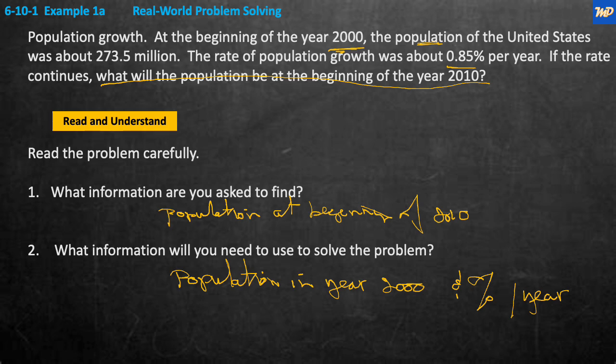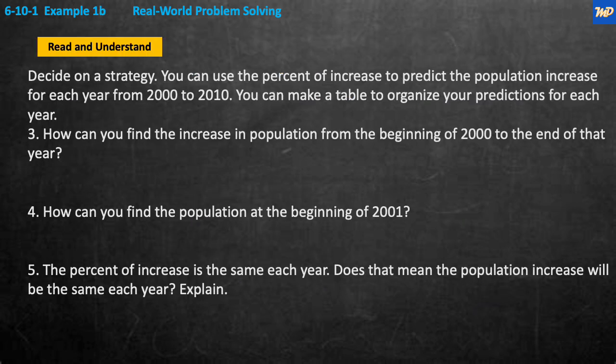Okay, that's what we'll need on that. So now read and understand, that's the first phase of this process.